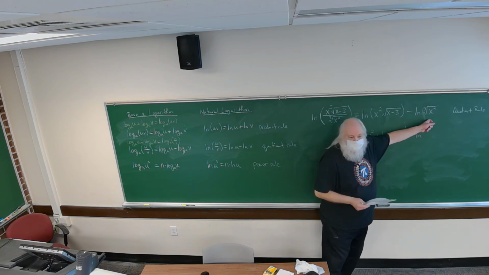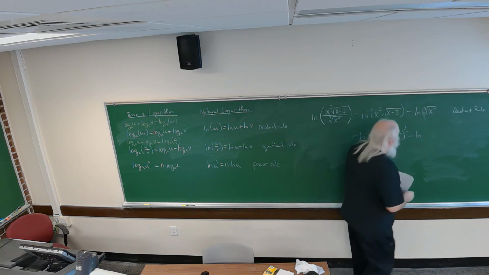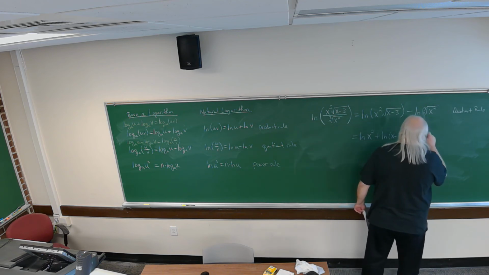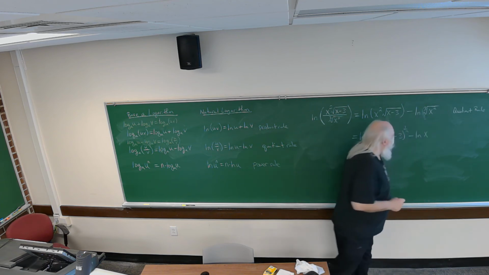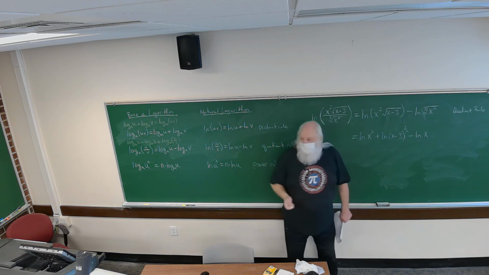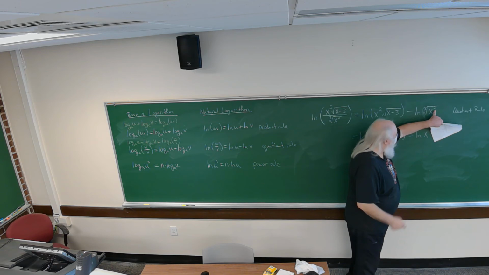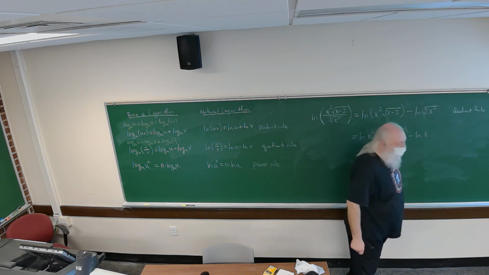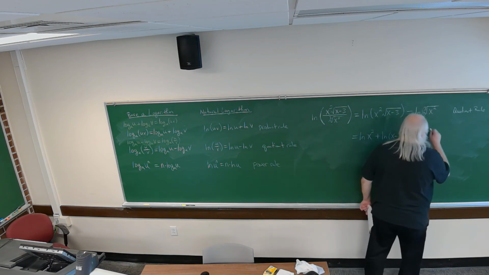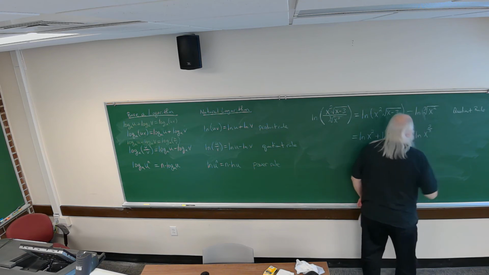Now we talked about rational exponents. Cube root of x squared is the same as x raised to what power? 2/3, right? 2 is the power and 3 is the root. So this is natural log of x raised to the 2/3 power.